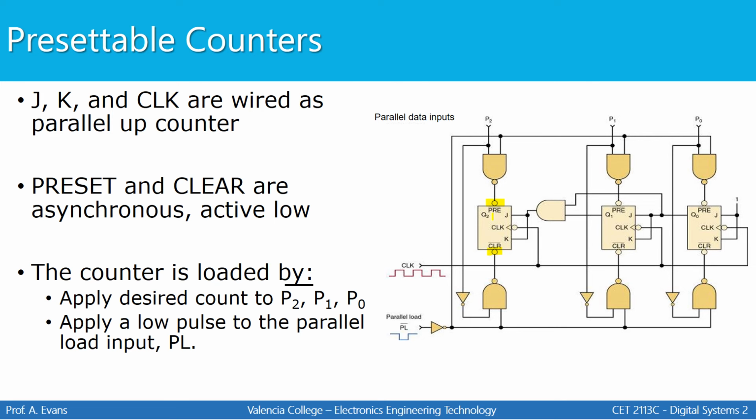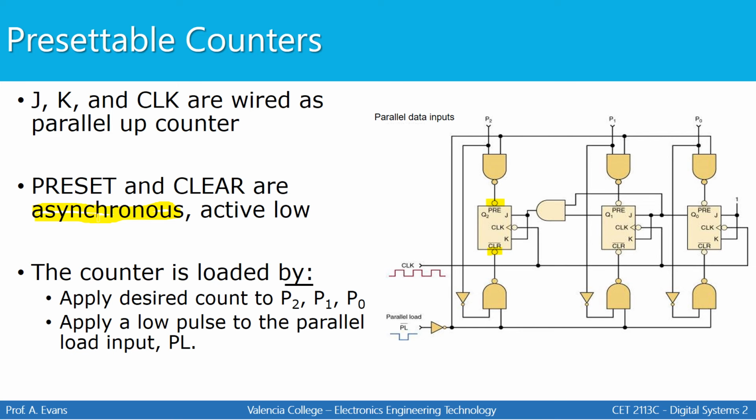Keep in mind that pre and clear are asynchronous override inputs, meaning that if I apply a low to this signal here or to the signal here, the effect happens immediately, not on the next clock transition. That's what asynchronous means. The effect happens instantly.